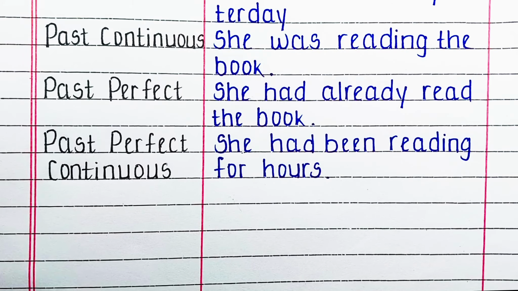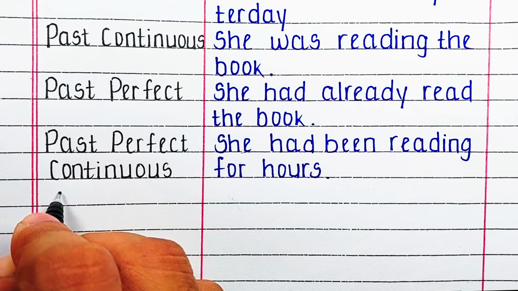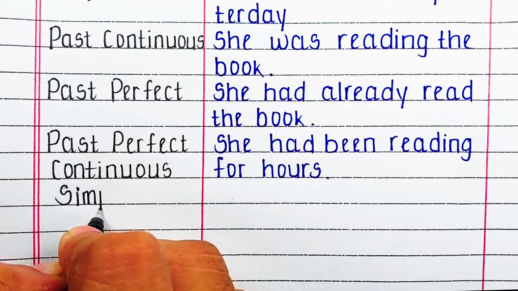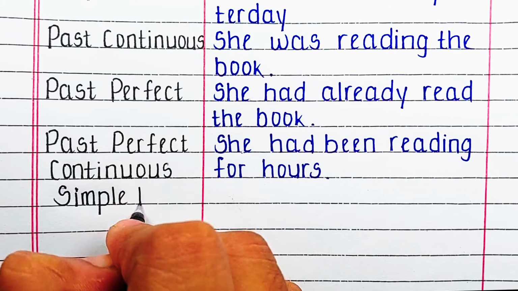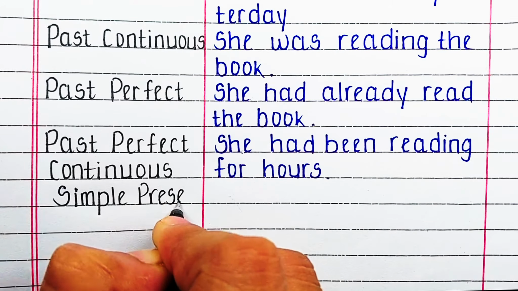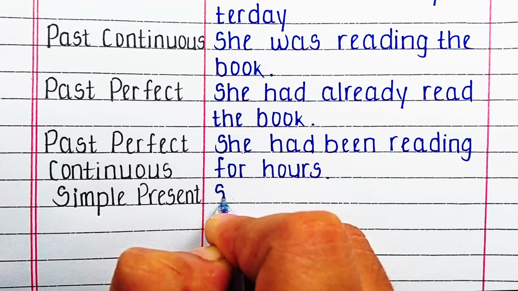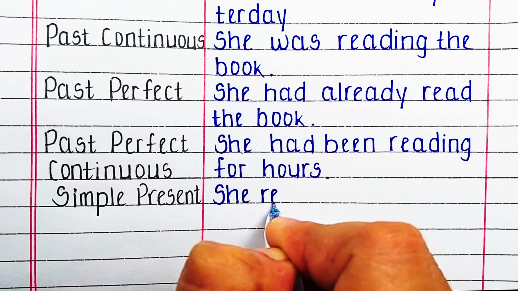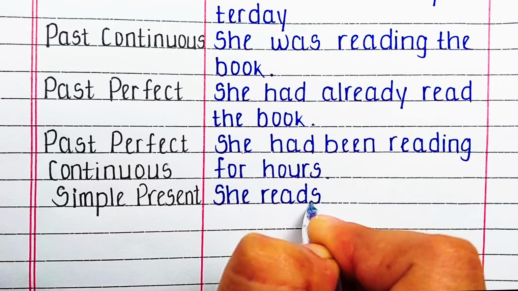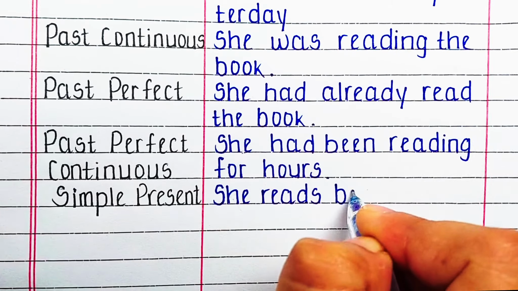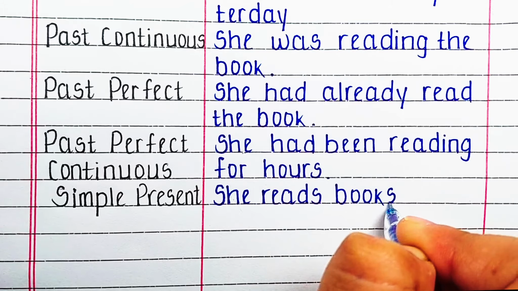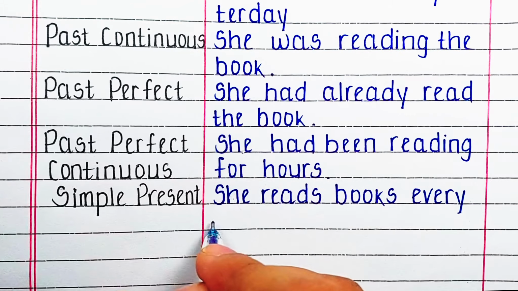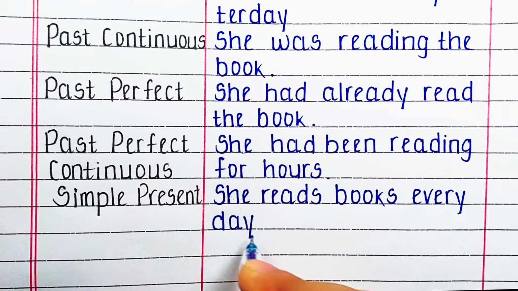Now, the second type of tense, that is present tense, and we will learn its 4 subtypes. First subtype is simple present. In simple present, we will write, she reads books every day.